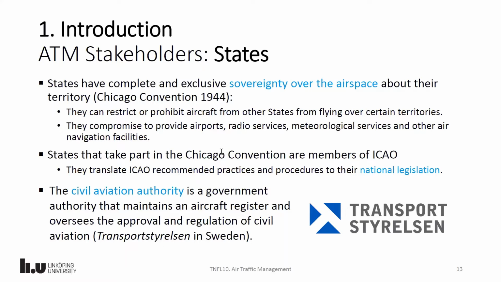Those states that take part in the Chicago Convention are members of ICAO, and as I said earlier, the states must translate ICAO recommended practices and procedures into the national legislation.